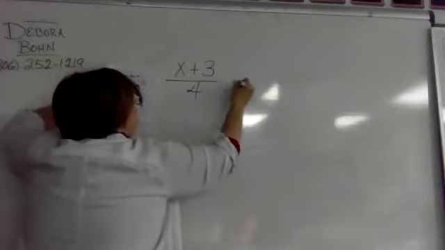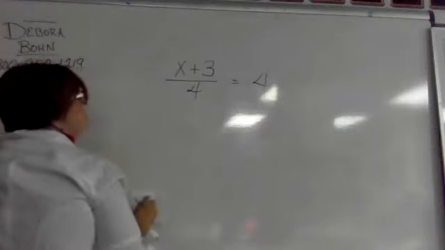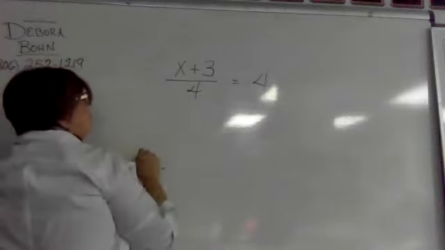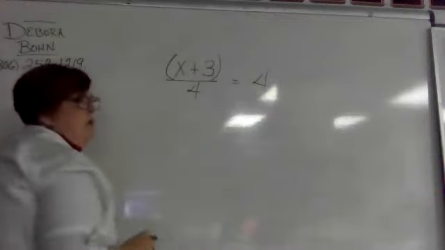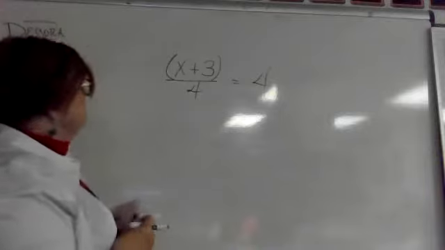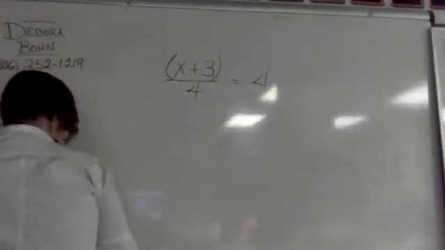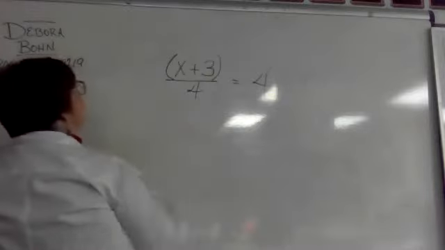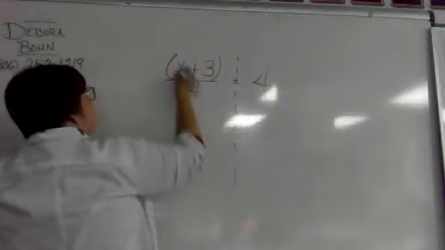You get 4. Now this means I'm not just taking x divided by 4 or 3 divided by 4, but I'm taking the entire piece divided by 4. And that's why I use the parentheses again. Makes it a set. Draw a line down through the equal sign, circle.